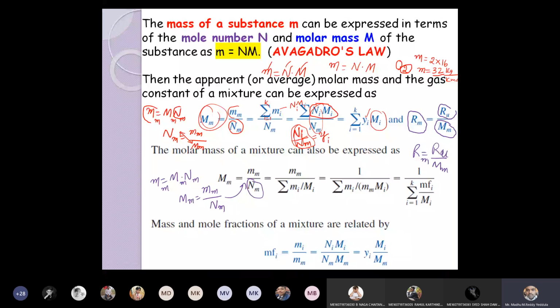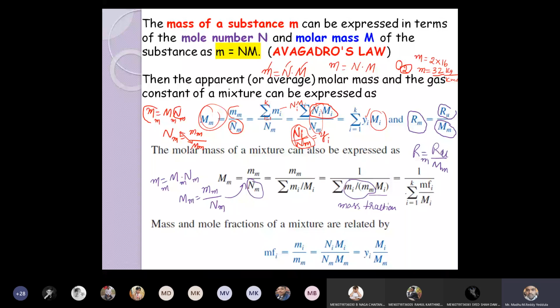And if you rearrange the terms, mi by mm, it will come to the denominator as Mi into mm. The ratio of mi by mm is known as the mass fraction. Mass fraction is nothing but the mass of the individual component to the mass of the mixture, denoted by the symbol MF. So we write MFi divided by the molar mass of the individual components, summation.